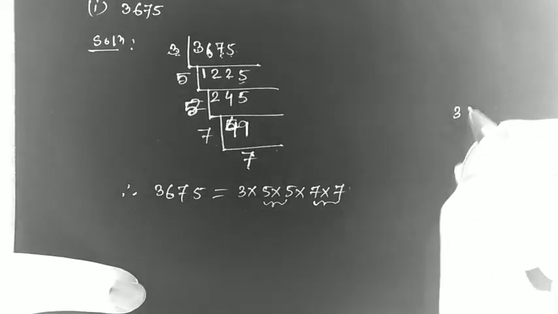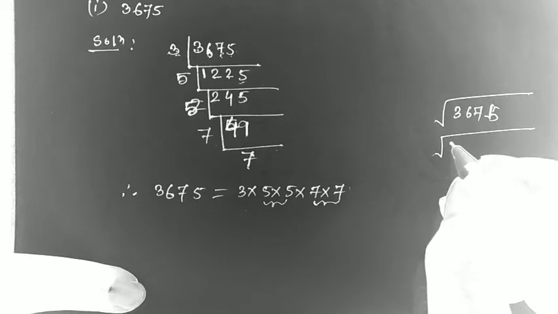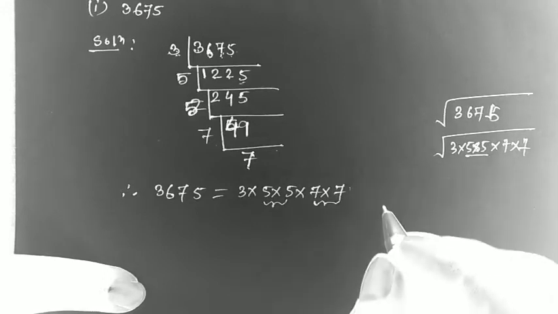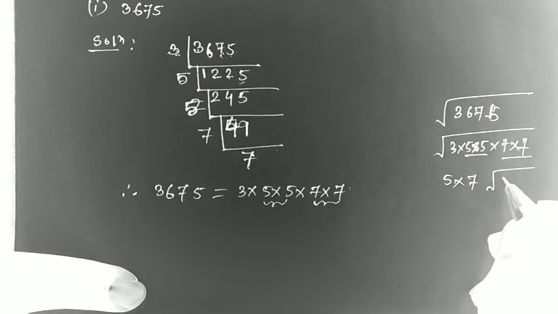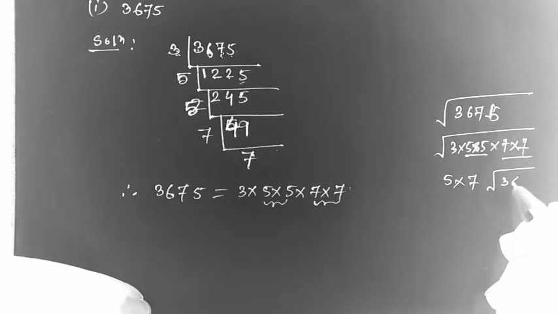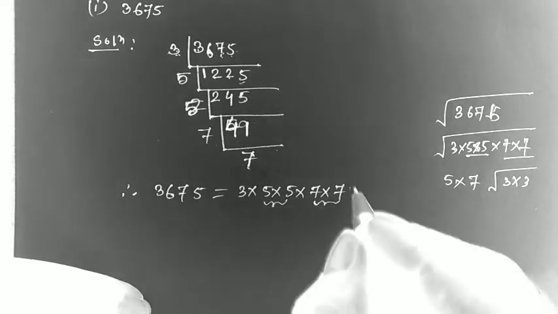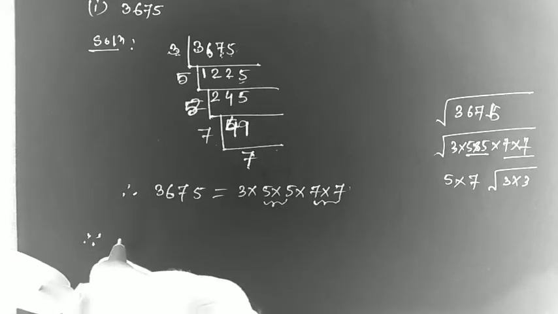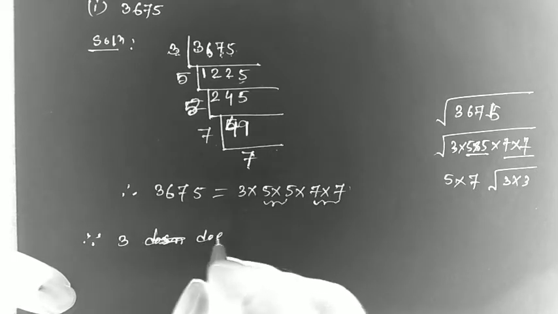Because 3675 is 3 into 5 into 5 into 7 into 7. From this one 5 comes out, from this one 7 comes out, but this 3 is alone, it will remain inside. If there were one more 3, this would be a perfect square number, but this 3 has no pair, so we have to multiply the number by 3 to make it a perfect square.